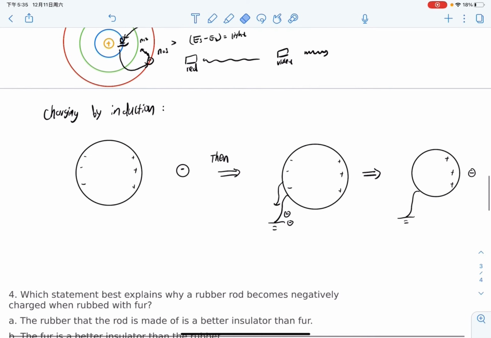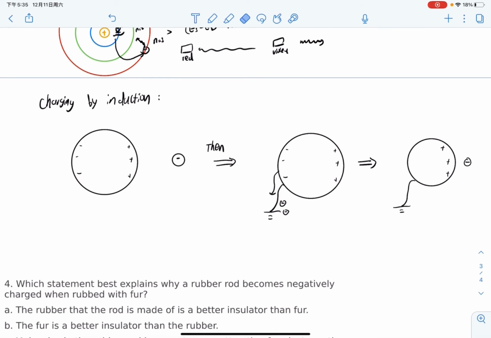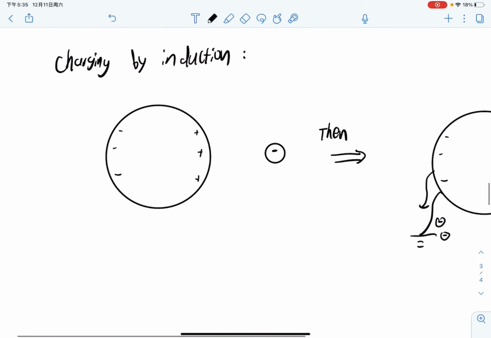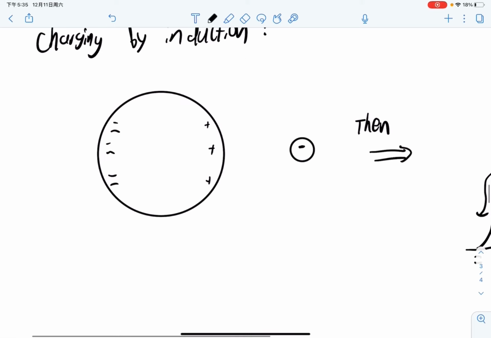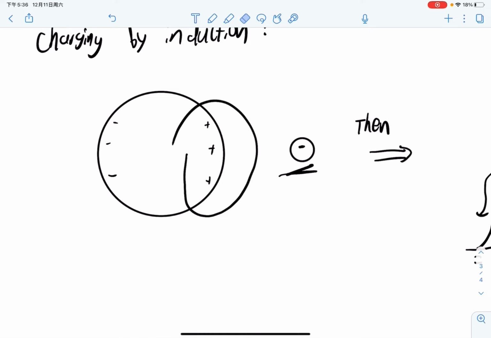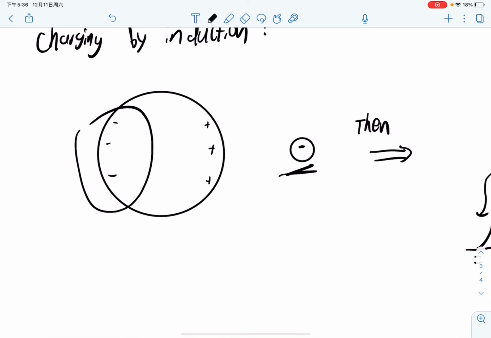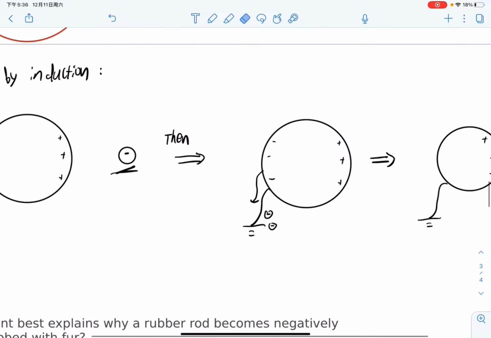And the third topic we're going to review is charging by induction. If you have a negatively charged particle over here, it will repel the negative charge electrons, and the electrons will move away from the negatively charged particle. This results in this side becoming positive and this side becoming negative.